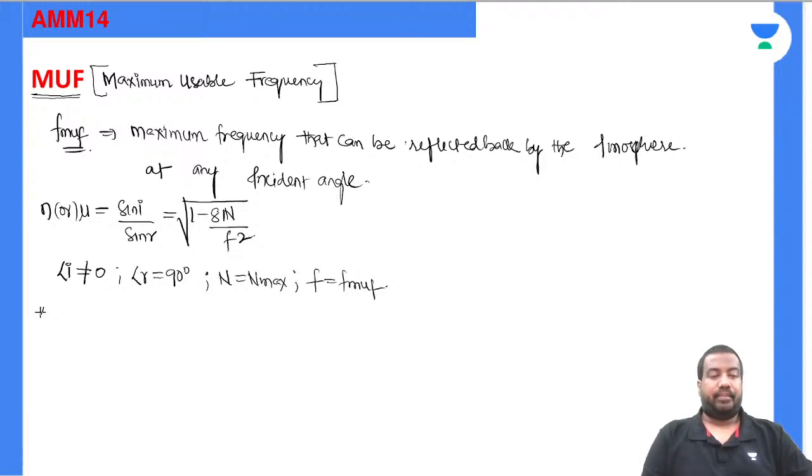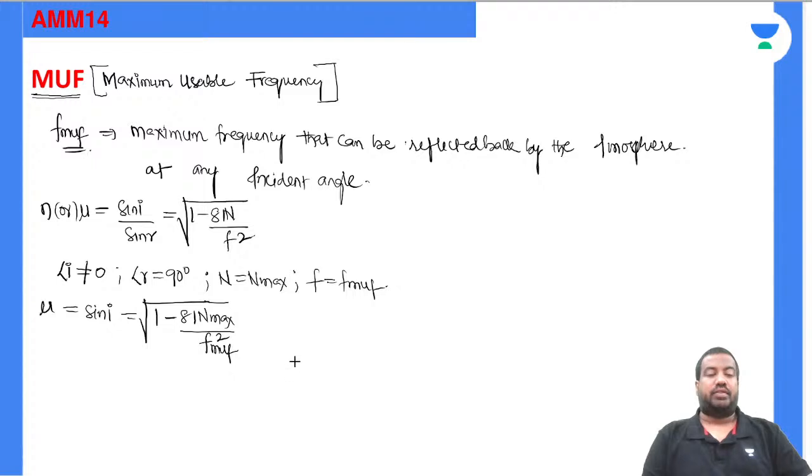Substituting, mu is equal to sin i by sin r, sin 90 is 1, equal to under root of 1 minus 81 n max by FMUF square.